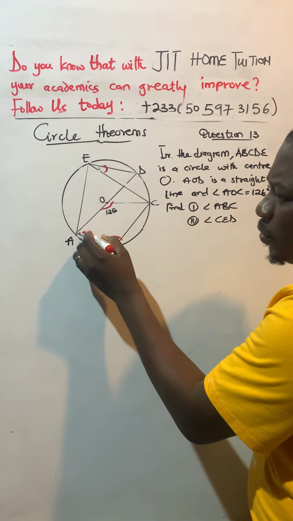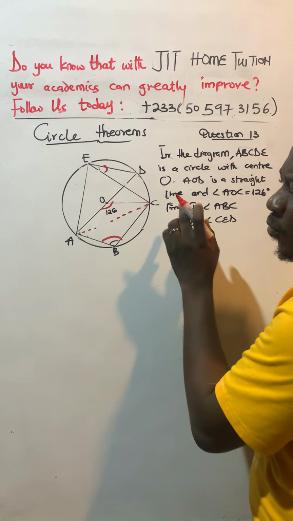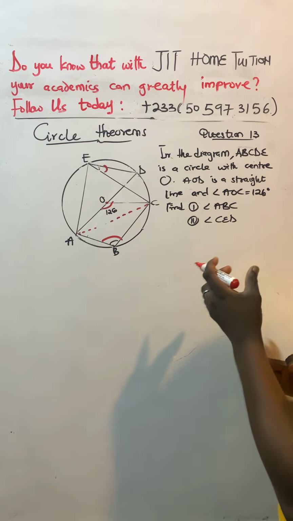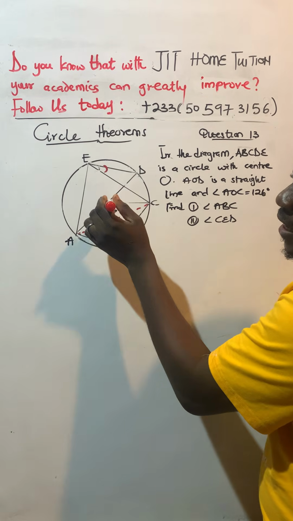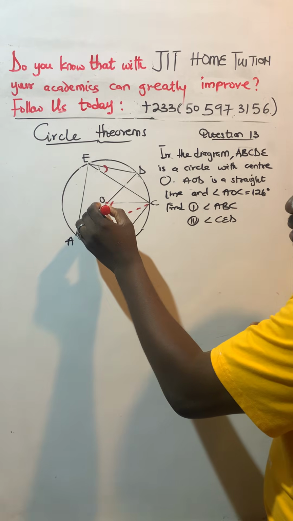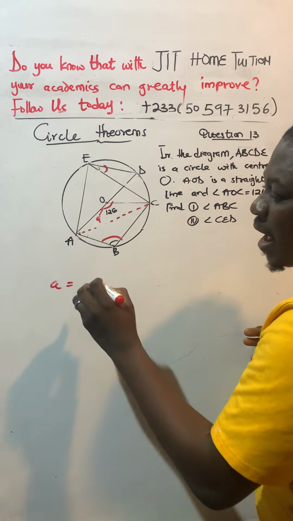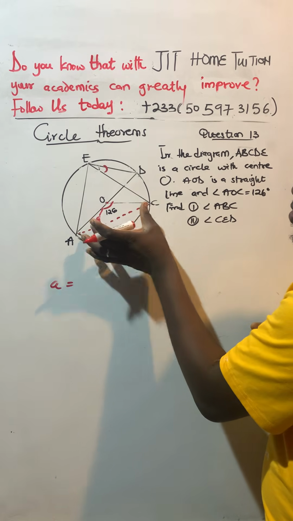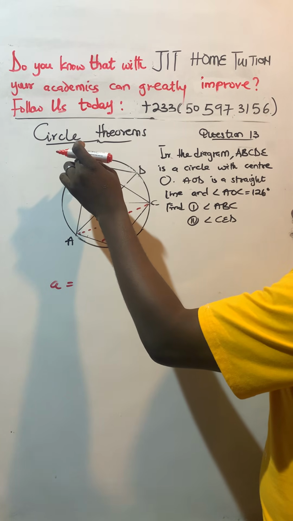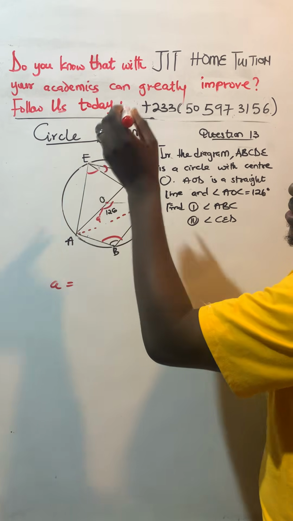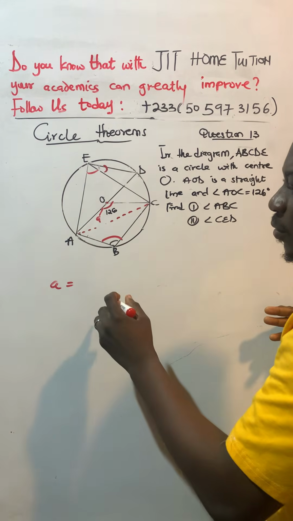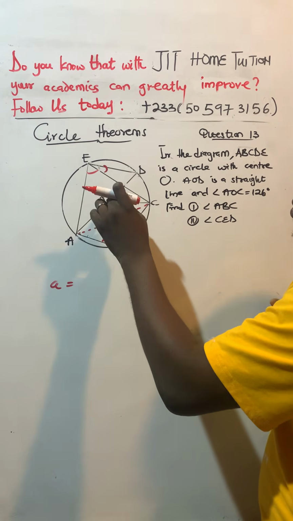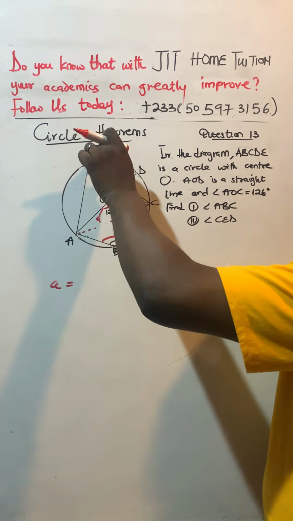So you can generate an imaginary line over here, and that becomes a chord. Now, one of the circle theorems says that when you have a chord that subtends at the circumference of a circle, let's say this angle is A. The angle that the chord generates at the center should be equal to twice the angle that it subtends at the circumference of a circle.